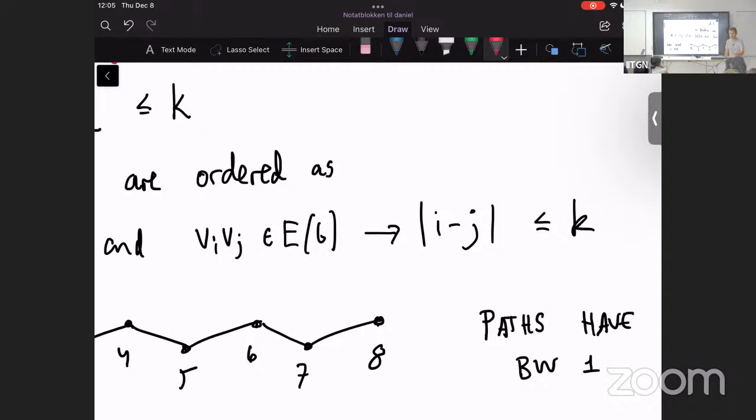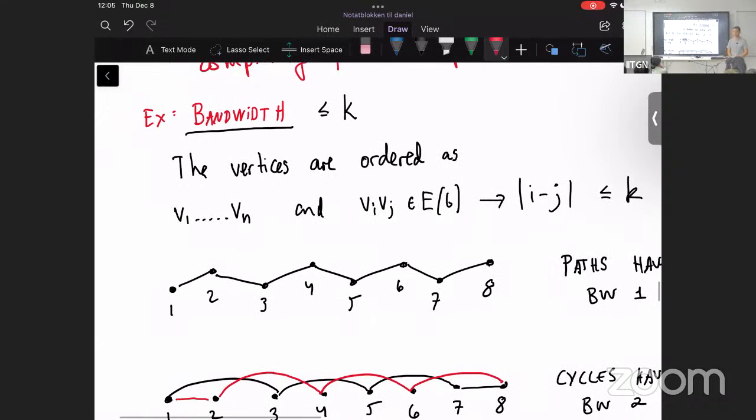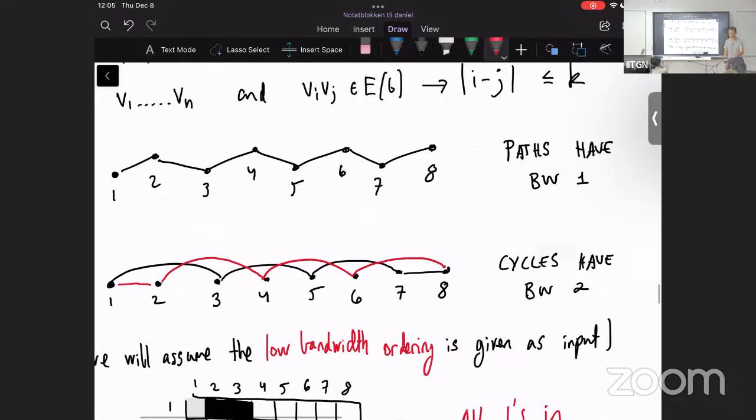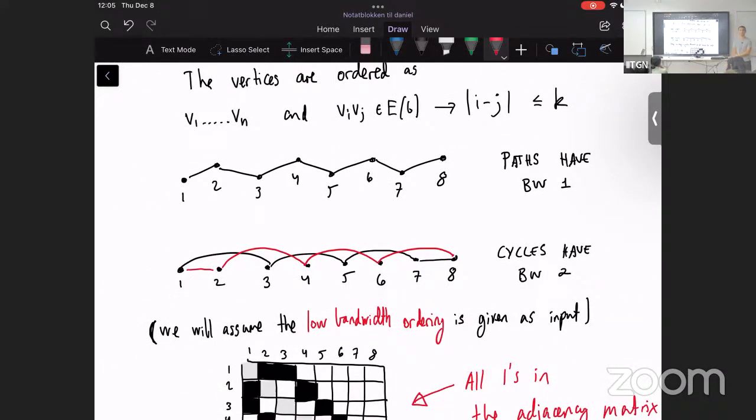For example, a path has bandwidth 1, because here is an ordering 1, 2, 3, 4, 5, 6, 7, 8. The distance between the endpoints is 1. A cycle has bandwidth 2. Here is an ordering of the vertices of a cycle, so that the difference between any two vertices that have an edge between them is at most 2.